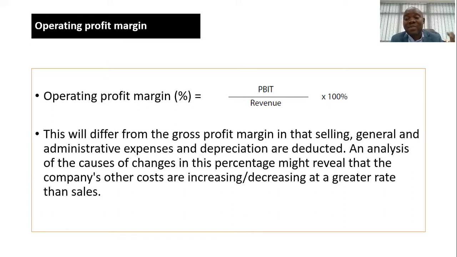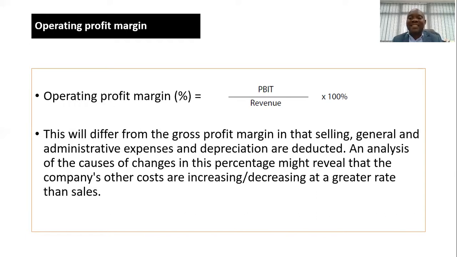So it shows, for example, that on gross profit margin you seem to have been moving at the right level. Then the operating profit margin in that particular year dips going down. It means that there are certain costs, unnecessary costs that you are actually incurring.